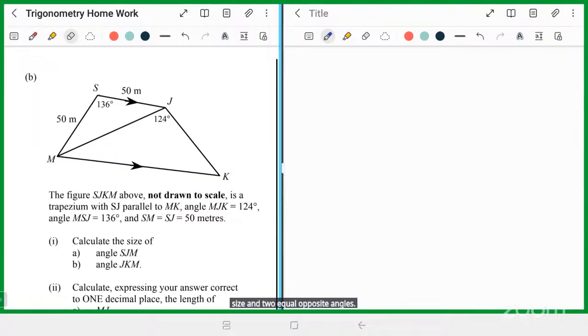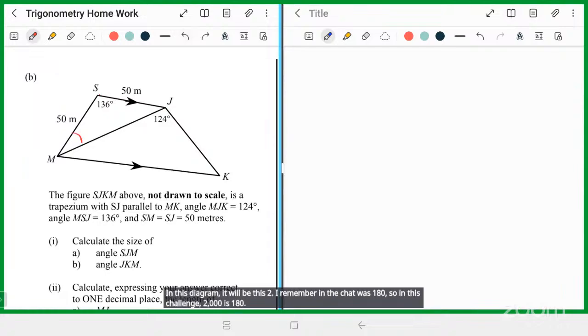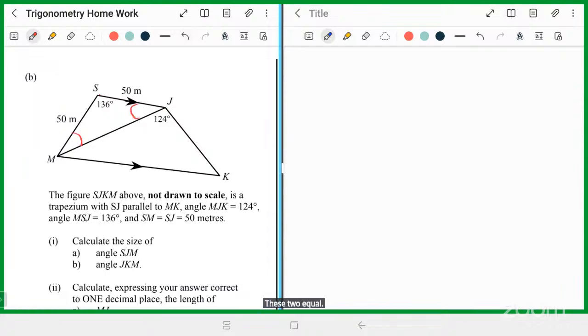In this diagram, it will be these two. And remember, total angle in the triangle is 180. These two are equal. So to find these two is 180 degrees minus this 136 degrees, and you divide that by 2 to get what these angles are.